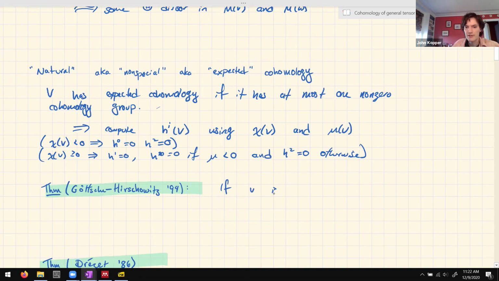If little v is the Chern character of a stable sheaf, then for V in M of v general, V has expected cohomology.